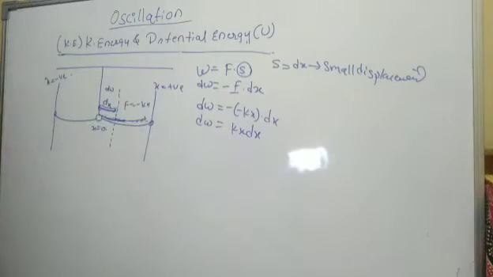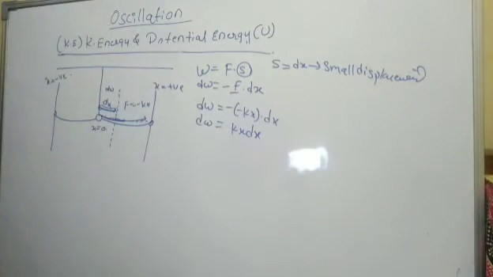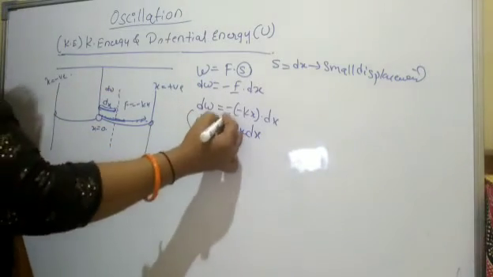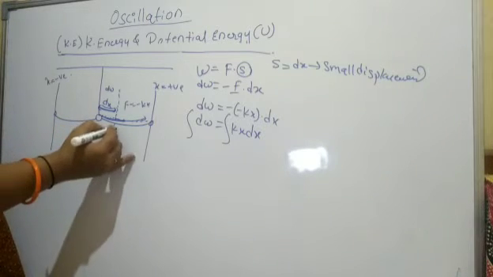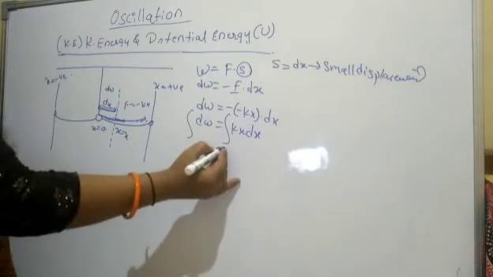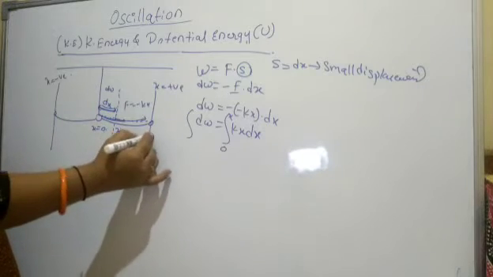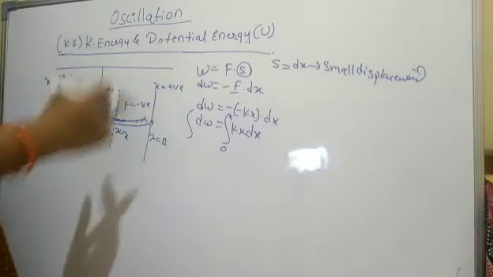This whole concept should be applied to the complete displacement, complete work done, showing the particle is executing the simple harmonic motion, moving to the extreme position. So integrate it. When the particle is moving from x equal to 0 to x, small displacement we have taken, so 0 to x, or you can take 0 to a when it is at the exact extreme position.